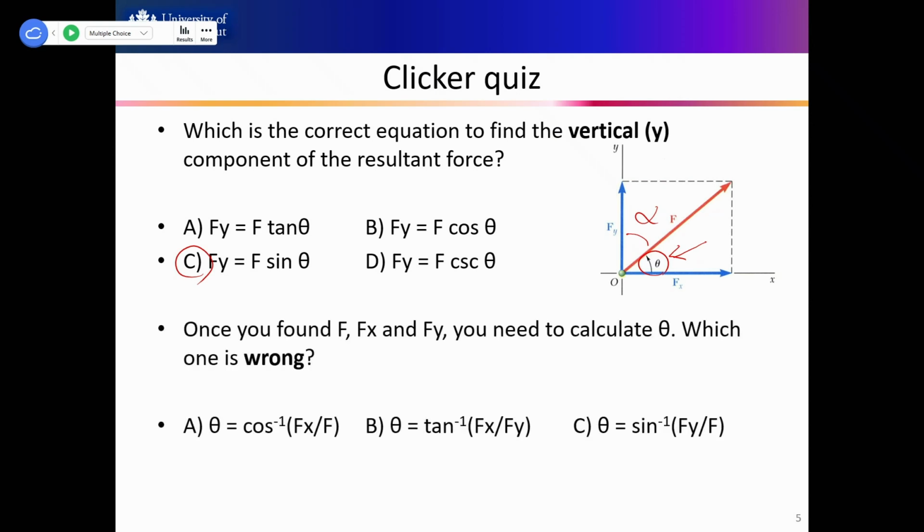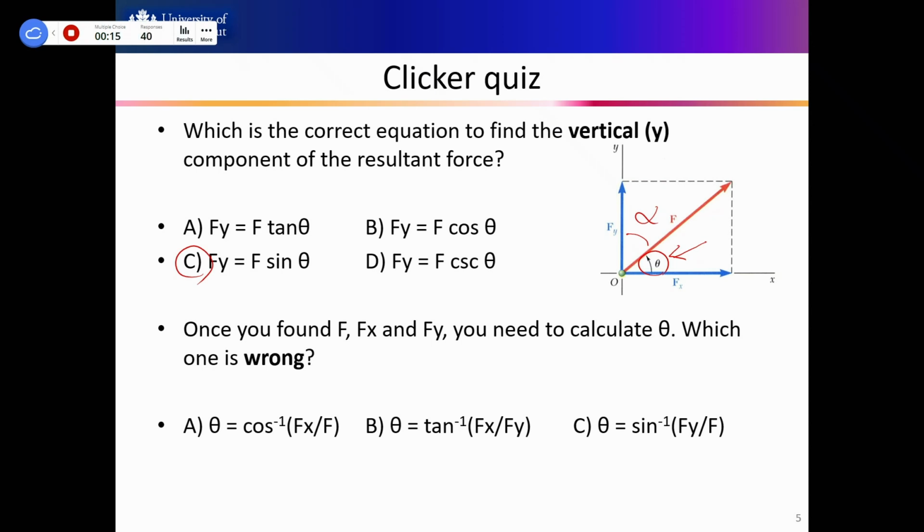And then the next question. So once we found the magnitude of the resultant, F, or Fx, and then Fy, then assuming we don't know theta, which one is the wrong equation to find theta? What do you think? Is it inverse cosine Fx over F, or inverse tangent Fx over Fy, or inverse sine Fy over F?